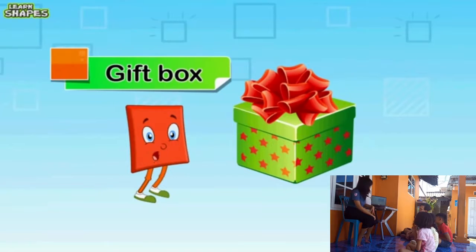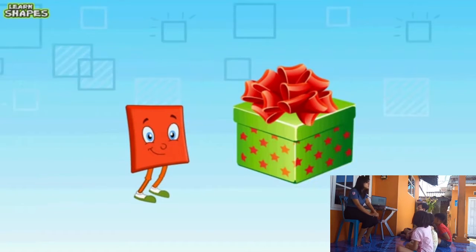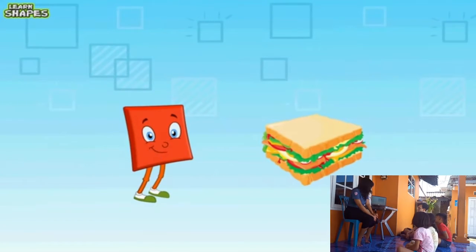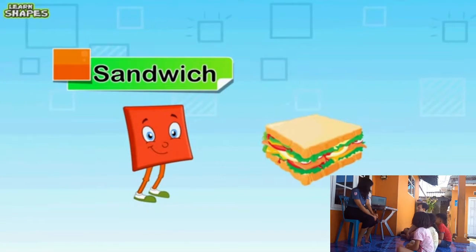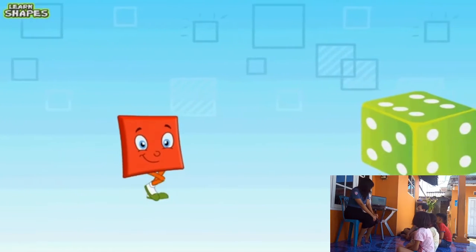Wow, I can see a gift box here. All of its faces are square in shape, just like me. So gift box is also a square, right? Wow, here comes a sandwich. Yeah. What's the shape of this sandwich? It's You're a right, sandwich. it's a In Indonesia, square. We call it roti nisi. Yes, ma'am.